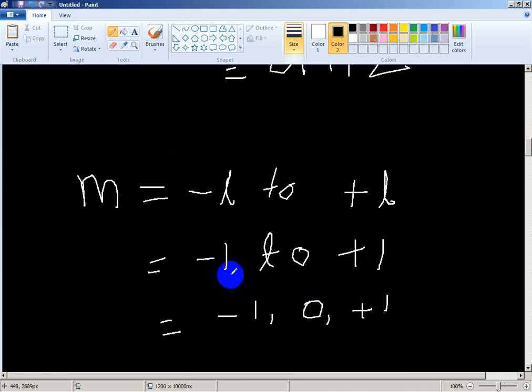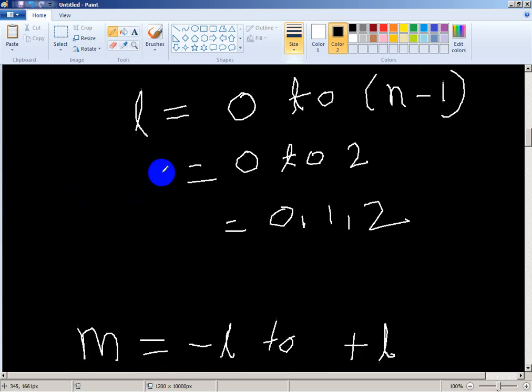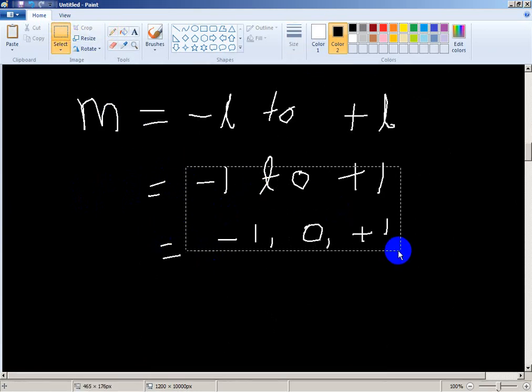For the subsidiary quantum number L equal to 1, the magnetic quantum number is minus 1, 0, plus 1. Okay, so what will it be for 2? For the subsidiary L equal to 2, the magnetic quantum number will be minus 2 to plus 2.